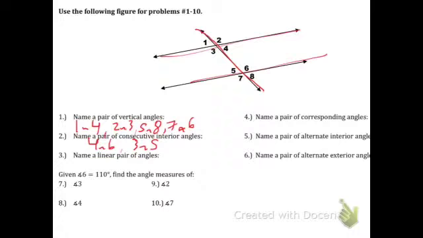Linear pairs are angles that together make a straight line. And so 1 and 2, 1 and 3, 2 and 4, 3 and 4, 5 and 6, 7 and 8, 5 and 7, 6 and 8. So really basically all the angles that are right next to each other.